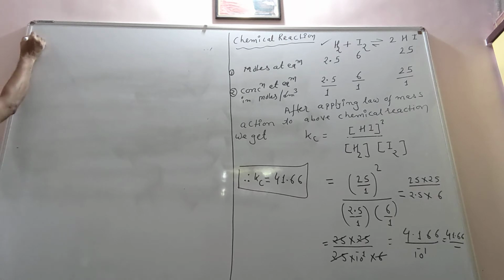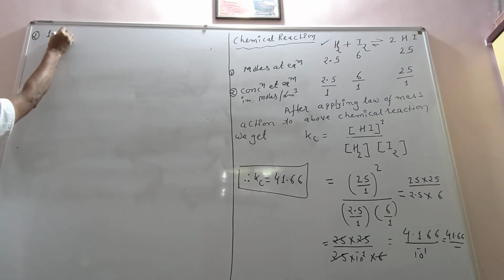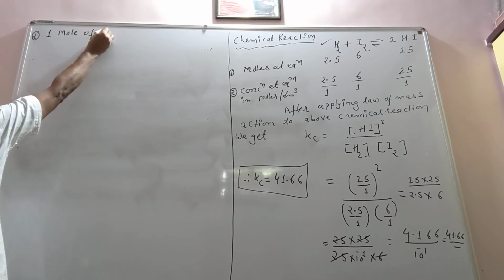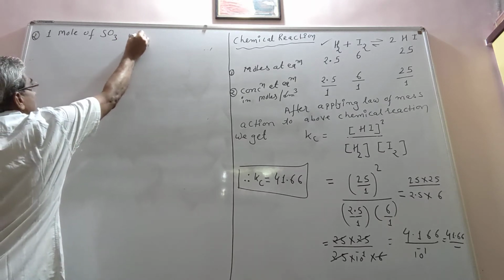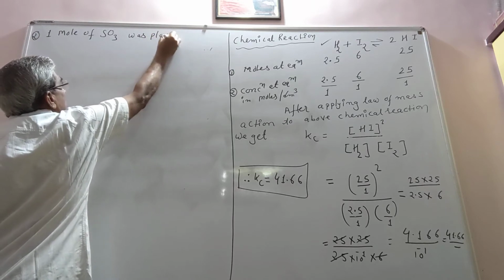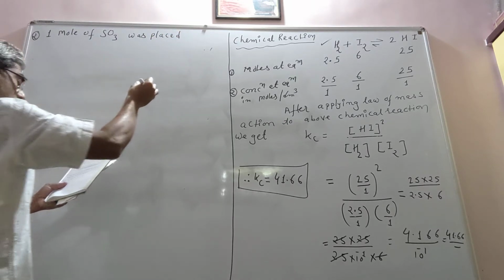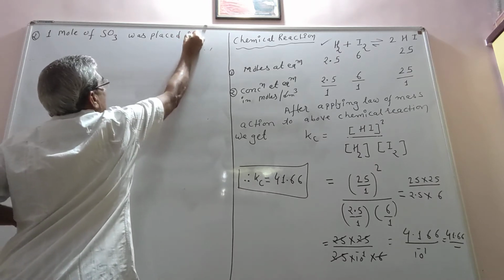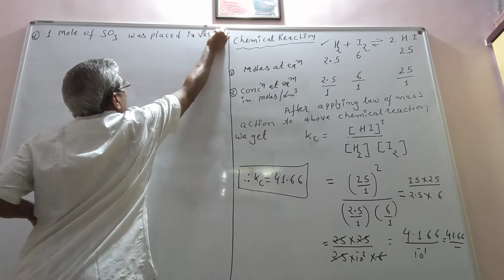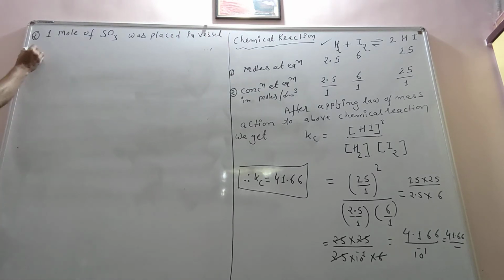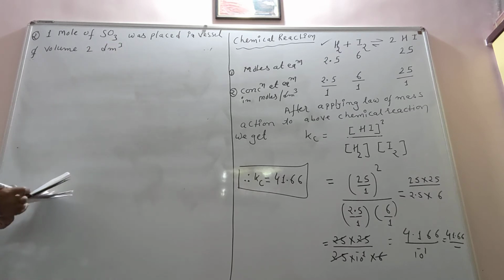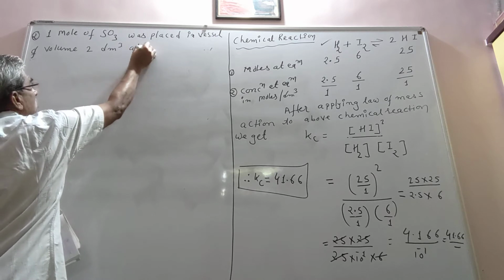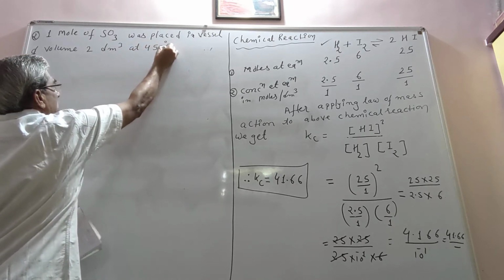Second numerical. 1 mole of SO3, sulfur trioxide, was placed in a vessel of volume 2 dm cube at 450 degrees Celsius.